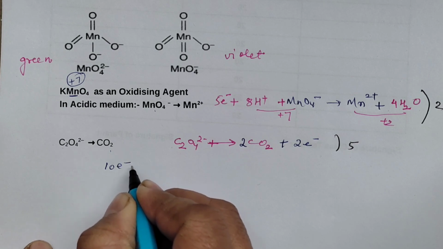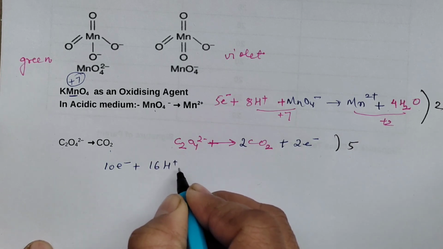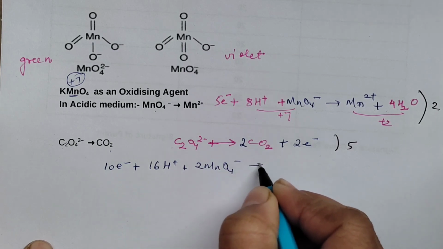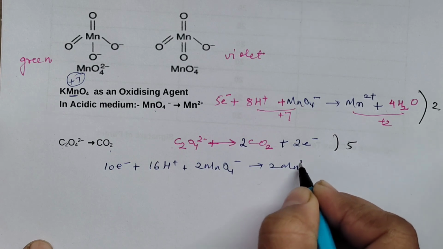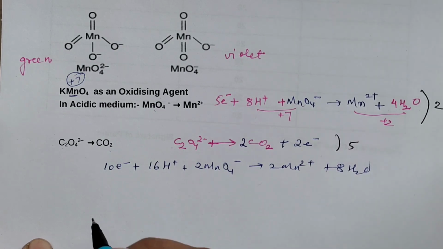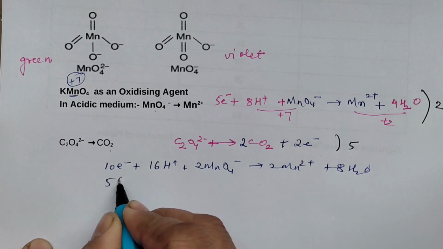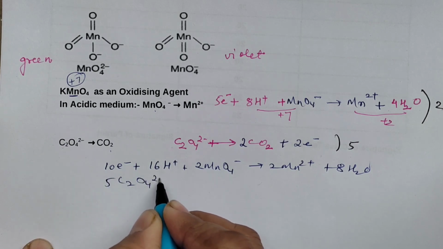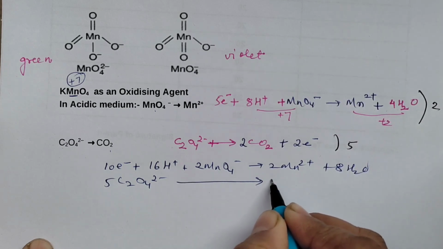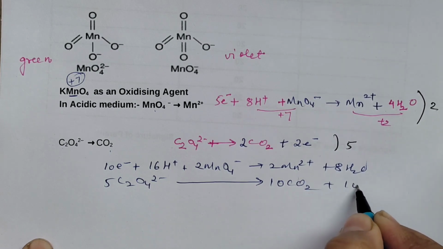That becomes 10 electrons plus 16 H plus plus 2 MnO4 minus gives you 2 Mn2 plus plus 8 H2O. I have multiplied the first equation with 2 and the lower equation with 5, so it is 5 C2O4 2 minus, which gives 10 CO2 plus 10 electrons.